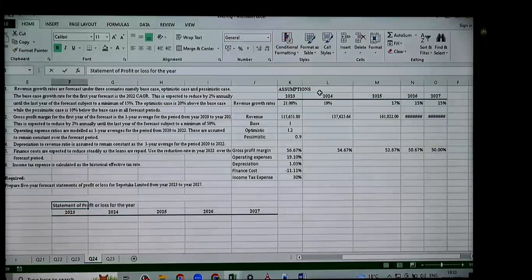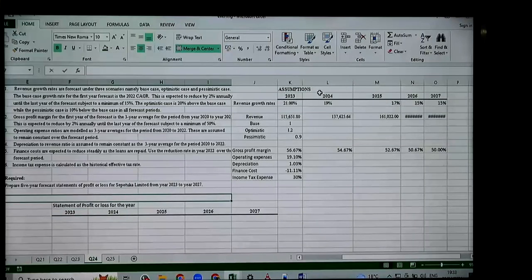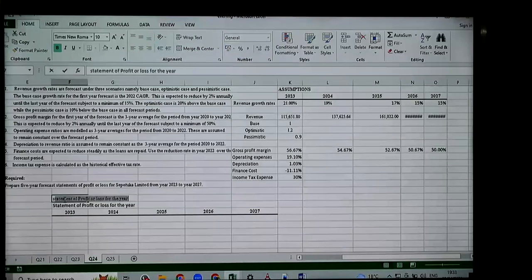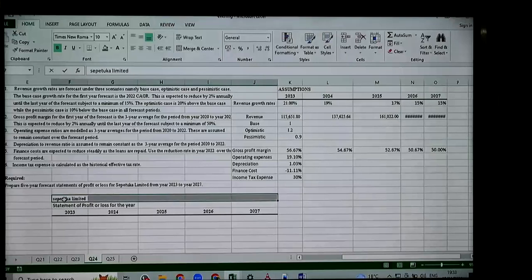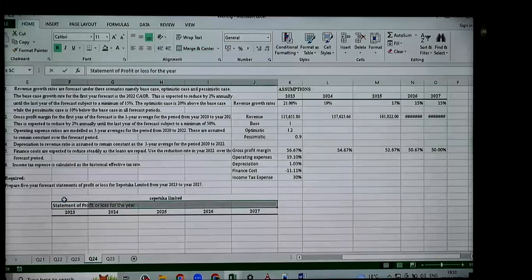Control enter. Then it's Alt HMC to unmerge the cell first. Then it's for Sepetuka Limited. Control enter. Alt HMC to merge. Shift, then I select, then Alt HMC to merge.